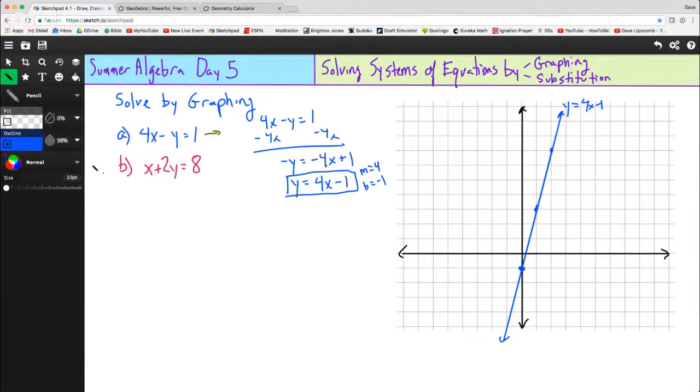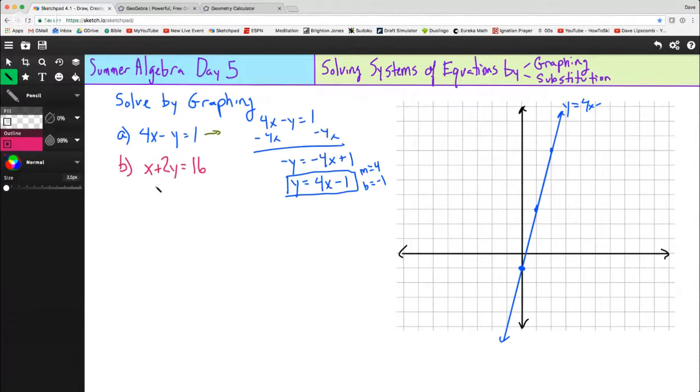So let's draw our, okay, this was incorrect. So let's go ahead and rewrite this as x plus 2y equals 16. Okay, so now I'm going to have to make sure I go back and edit that.